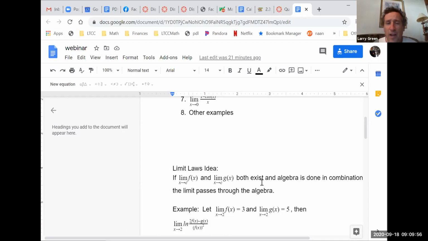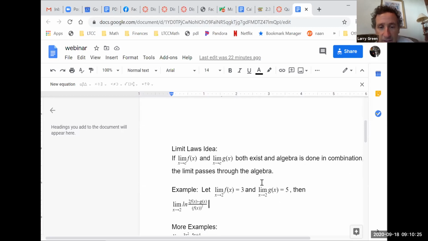And by the way, when I say algebra, I mean algebra and trig, or anything else that's like algebra, and it's done in combination. The limit passes through the algebra. Okay, if you want to see the more rigorous full list of all the algebra properties, I'll let you look at the book. And it says that you can do all the things you want to do with algebra. And I'll show you how an example looks, and then you get the idea of what I mean.